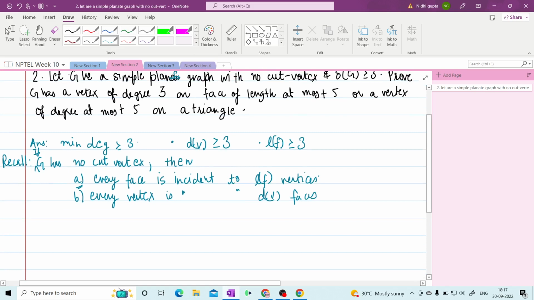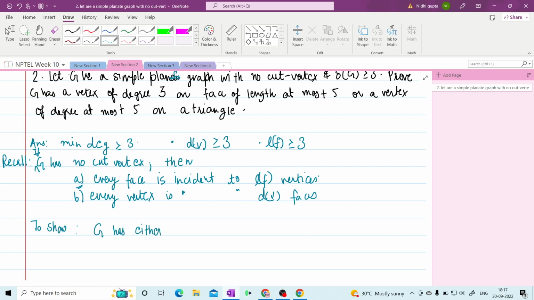Now we need to show that if the degree of each vertex is greater than or equal to 3, then G has either a vertex of degree 3 on a 5 minus face.